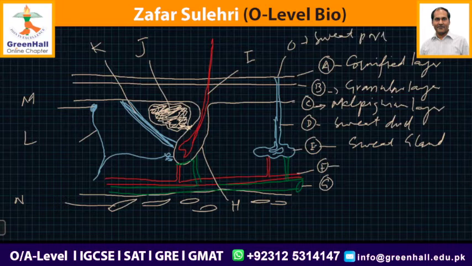F is artery, and G is vein. We do not need to know the name of an artery and a vein. Just writing an artery and a vein is sufficient. And H is hair follicle.